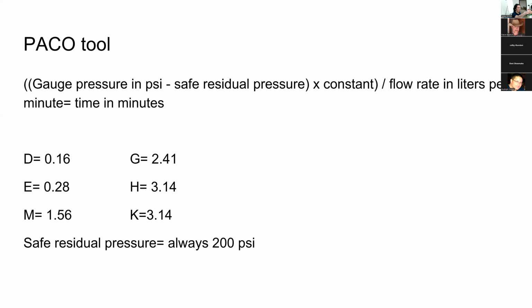This is a D tank. I'm going to say your pressure gauge is 1,000, and your patient's on 15 liters. D tank, yep.